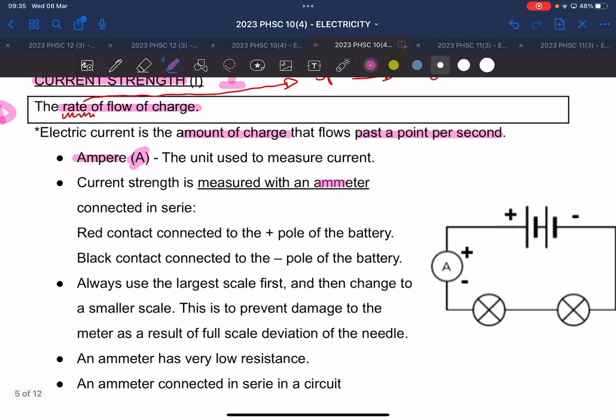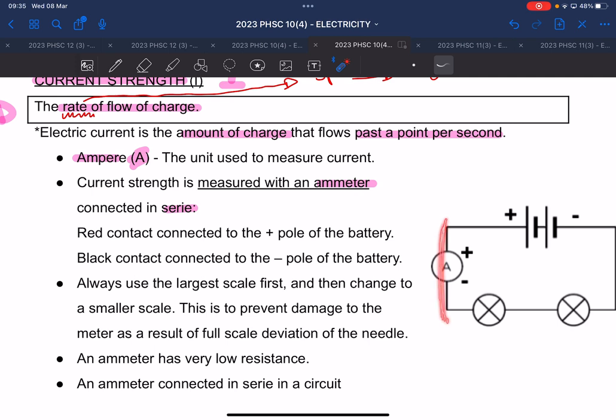Then it's measured with an ammeter connected in series. Why must it be in series? It must be inside, not over, not like the voltmeter. It must be in because we want the charge to pass through that point. So it's like a scanner: beep, beep, beep.